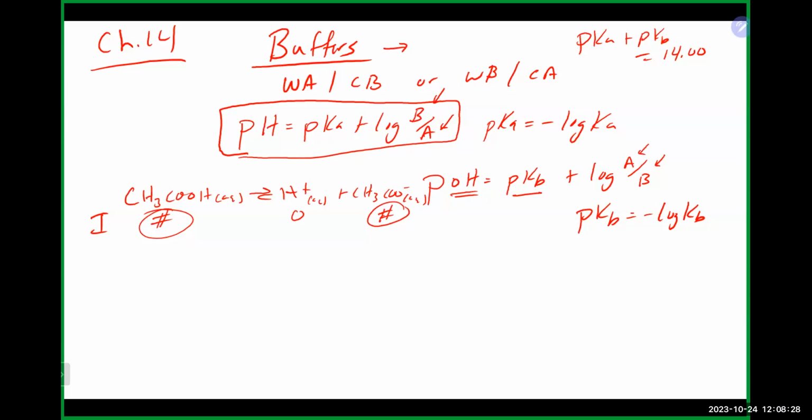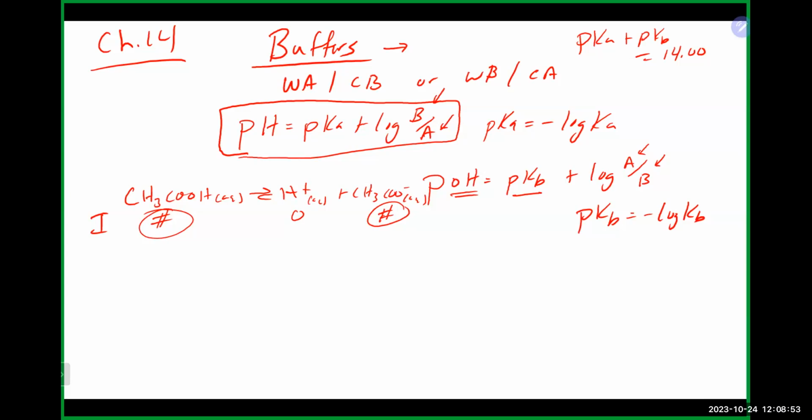So if you want to do the buffer through an ice table, you can. But because buffers are common ions and the acid is not really breaking apart much, our initial and final concentrations of the buffer components are usually pretty much the same because there's not a big change happening. So you can go directly into your Henderson-Hasselbalch equation.